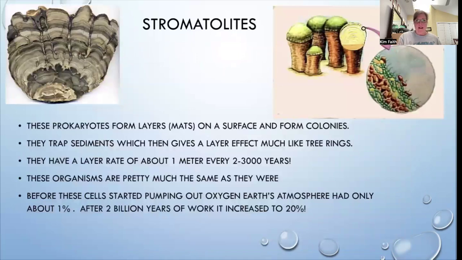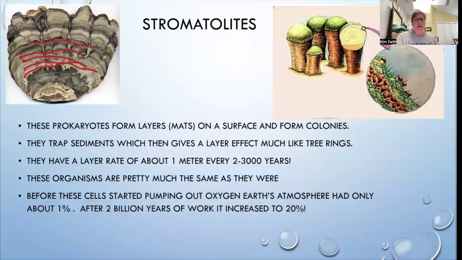And here's the stromatolites. Okay, so stromatolites are what we believe are one of the biggest photosynthesizers to contribute to the oxygen formation on our planet. Now, if we look at it, they form mats and then they keep growing upwards, kind of like a tree that's adding rings to it. So we can actually go back and see how old some of these structures are.